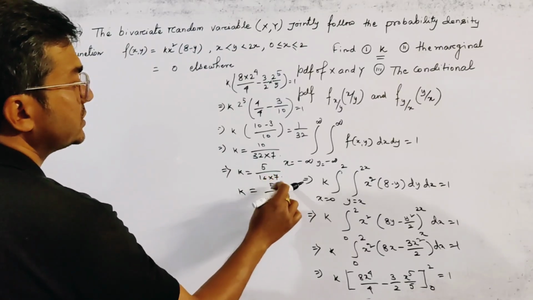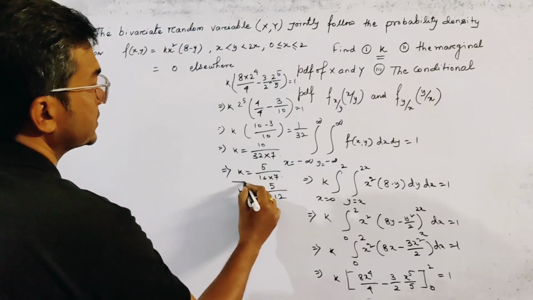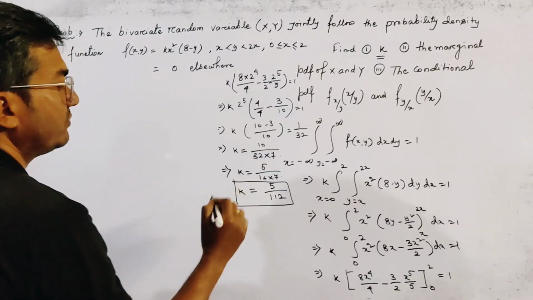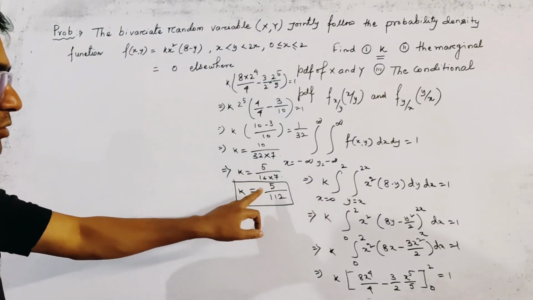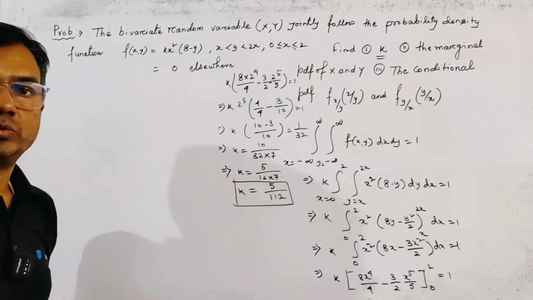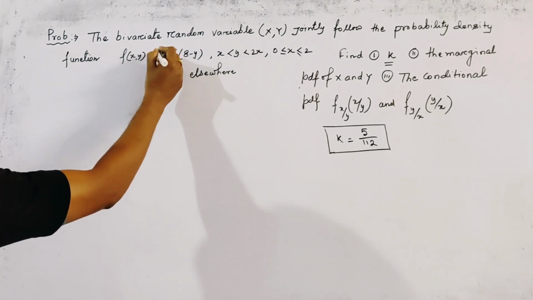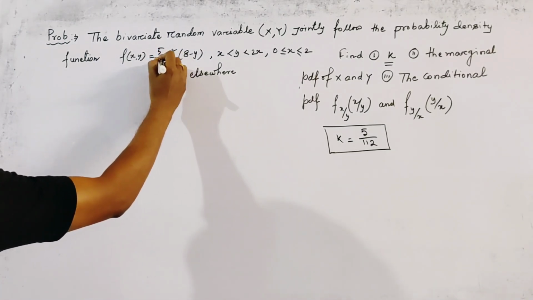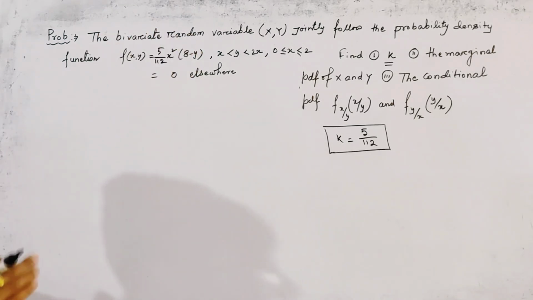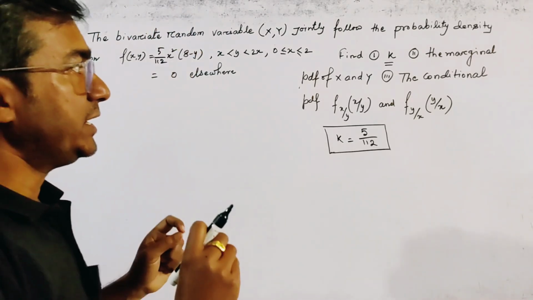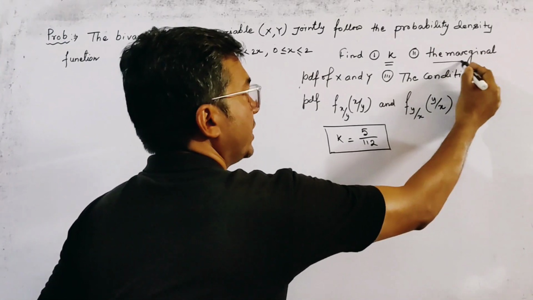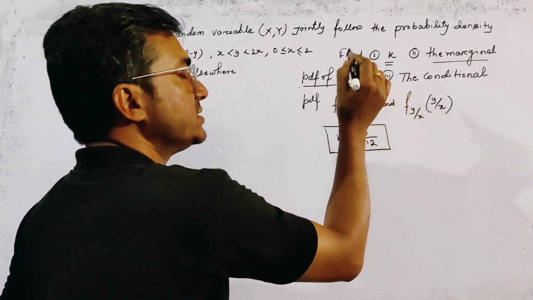So we get the first answer, k equal to 5/112. We write here the value of k, which is 5/112, and this is the complete PDF. Now our second target is to find the marginal PDF of X and Y.